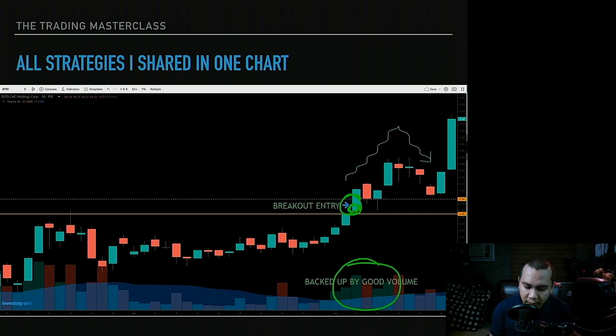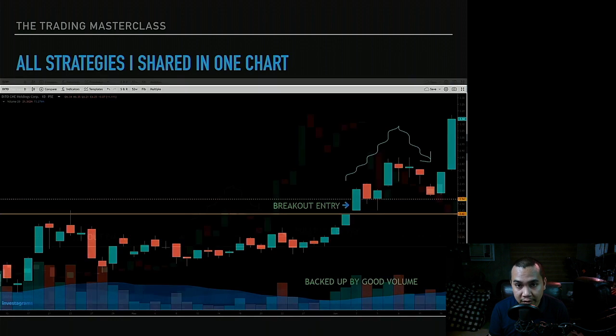We mentioned earlier that after a breakout, the resistance tends to become the new support. Look at this pullback right here and the bounce from that previous resistance. That's a good entry, and that's another entry we were given with this chart.